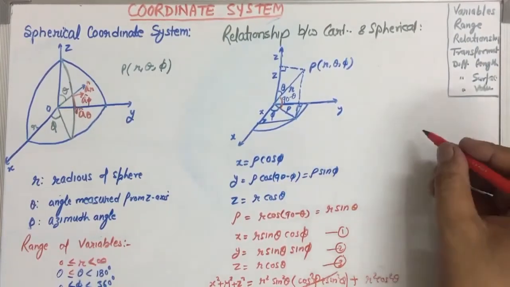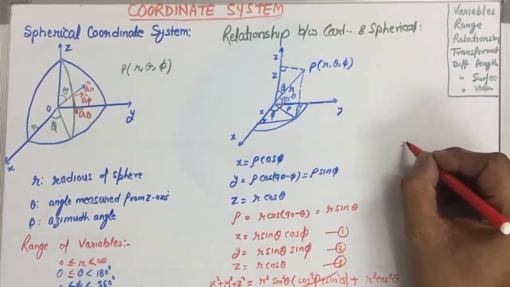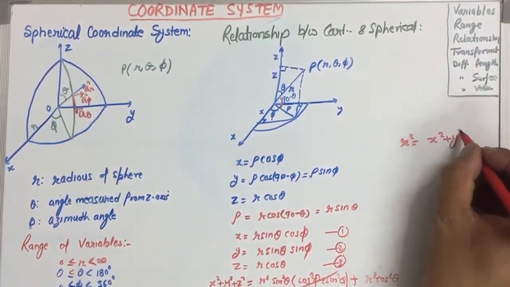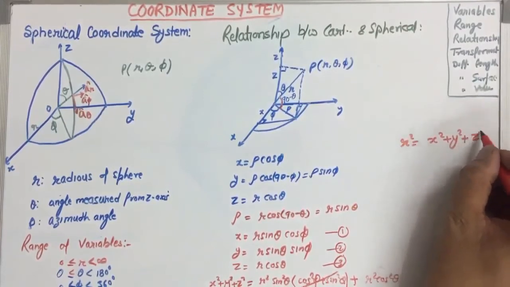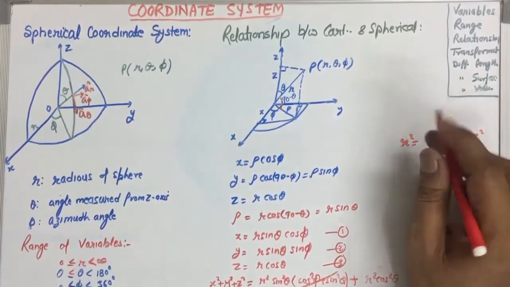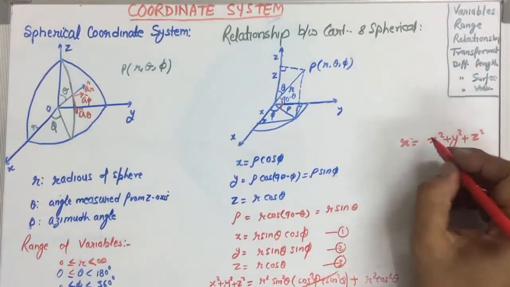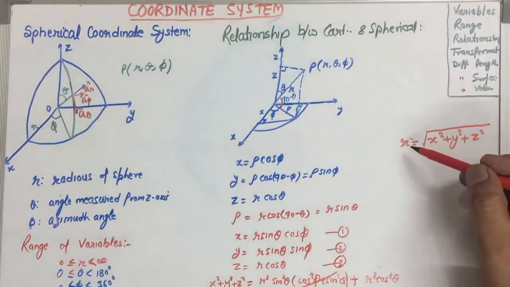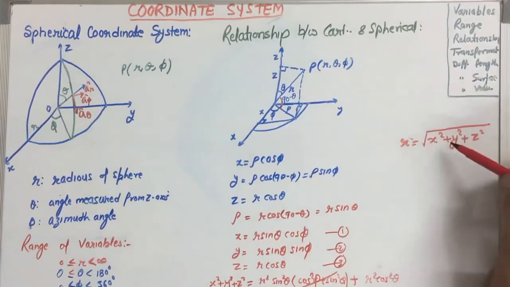So finally you can write r square is equal to x square plus y square plus z square, and r can be equal to this. So in spherical coordinates, r can be written as under root x square plus y square plus z square.